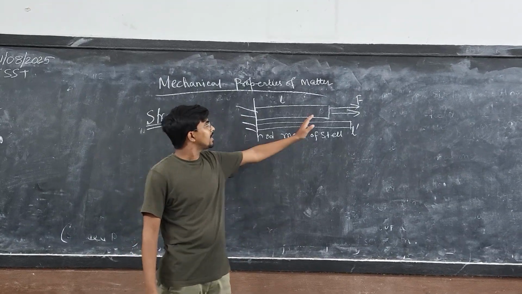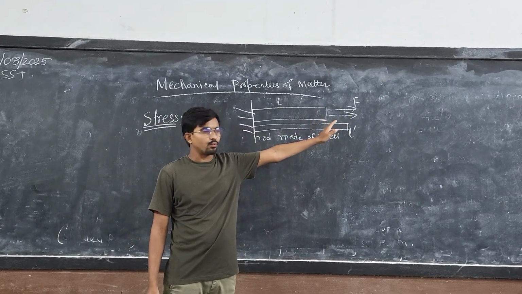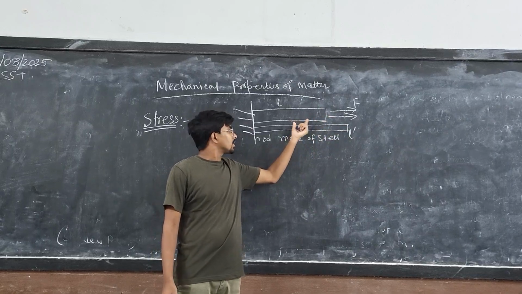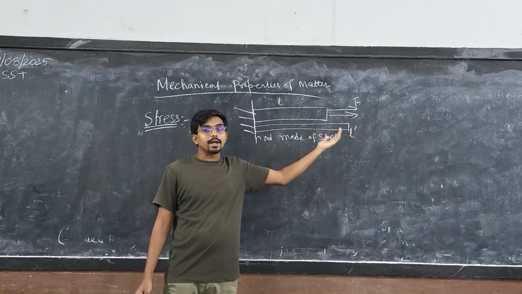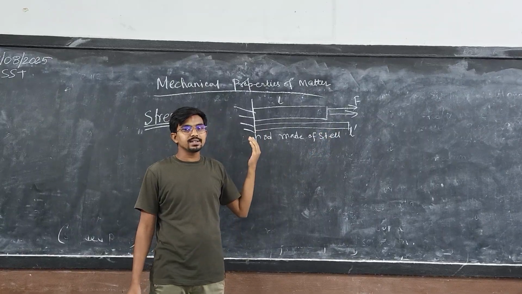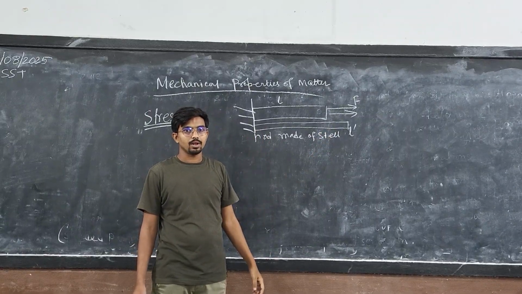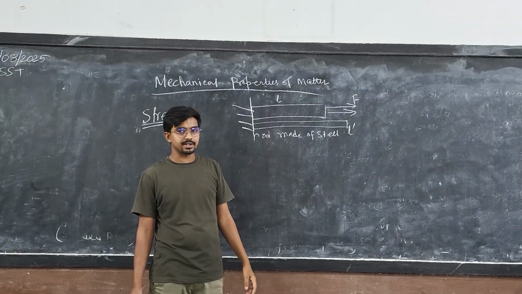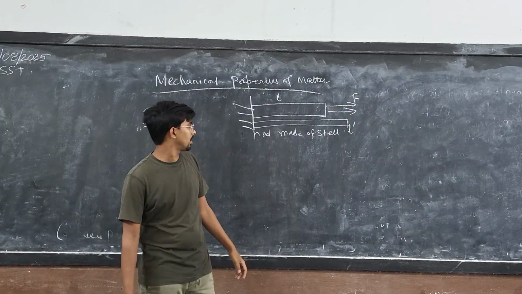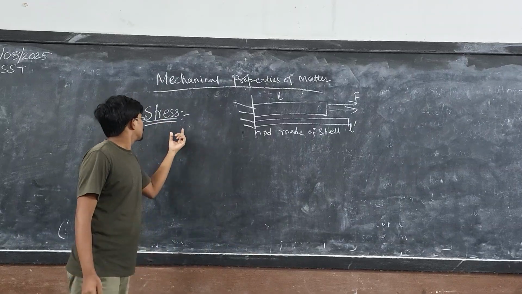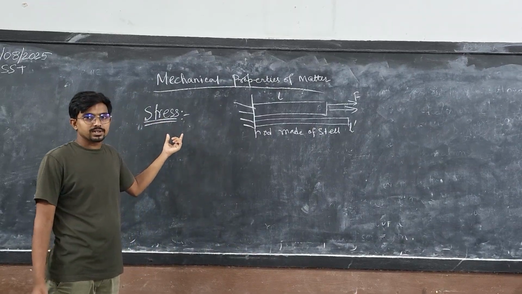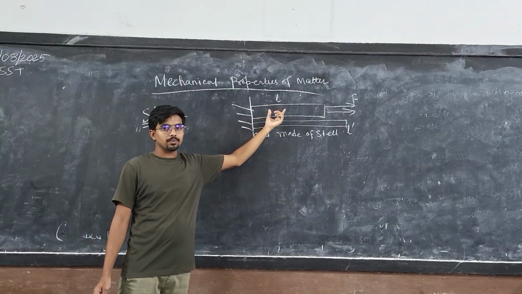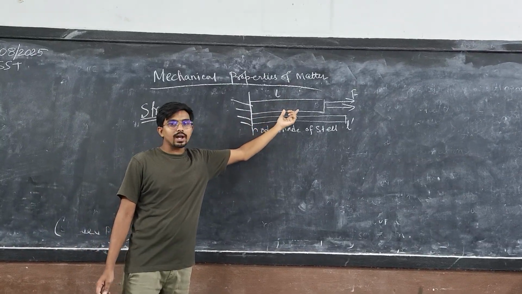Now, whenever we withdraw this force, the rod will gain its original shape or size afterwards. Why? This is because of the tendency of elasticity. First of all, we will discuss the term stress. We have applied a force here, and that is stored as potential energy.